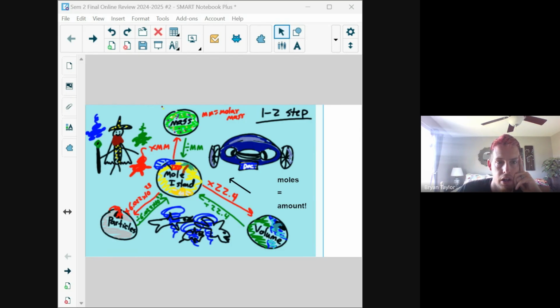Then yeah, like a two-step. If we do a two-step, let's say we want to go from 100 grams of CO2 to liters of CO2. We would do 100 divided by 44 times 22.4.